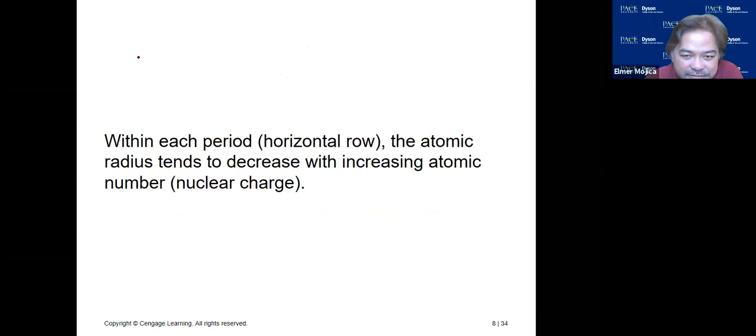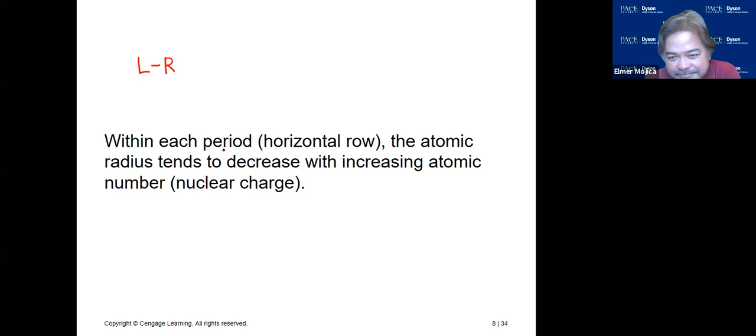So that is what? Left to right. It says here, the atomic radius tends to decrease with increasing atomic number. So what does this mean? Left to right, atomic radius decreases. So what does it mean by atomic number?